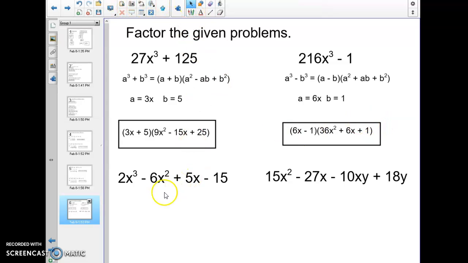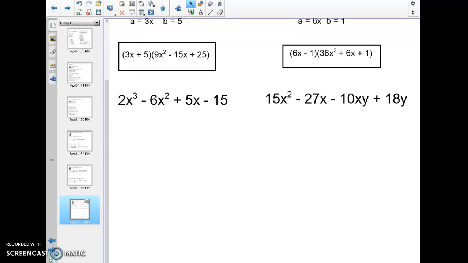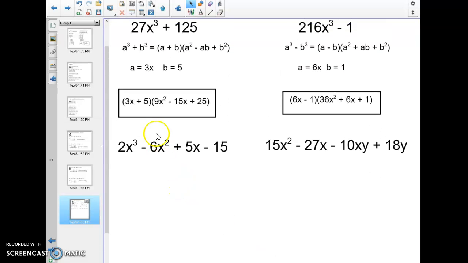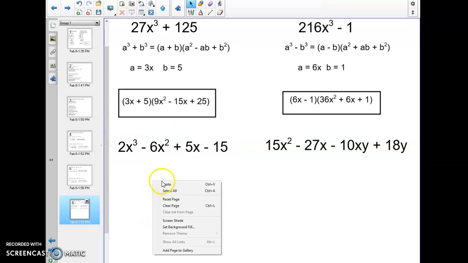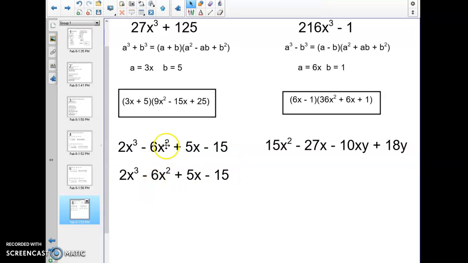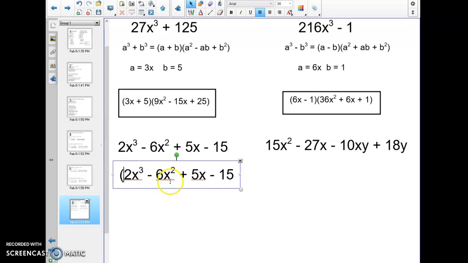In the last two problems, we have to factor by grouping. Let me extend the page here a little bit. All right, I'm going to copy this problem over again. And what I'm going to do is put parentheses around the first two terms, and I'm going to keep this sign here.